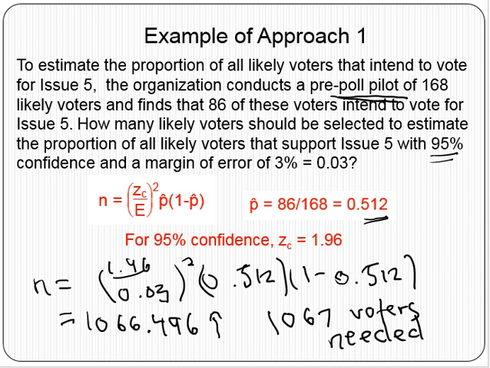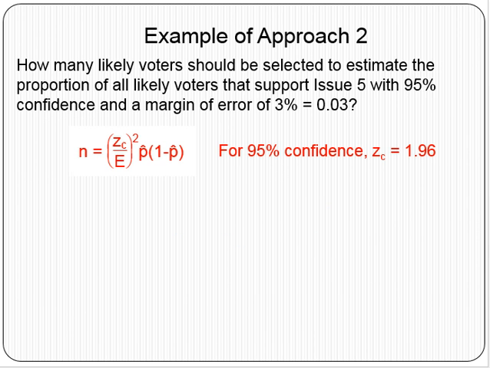Our second example is very similar. In this case, it's a different case. Assume we have no pre-pilot data. We just say, how many likely voters do we need to be selected to estimate the proportion of all likely voters that support this issue with 95% confidence, margin of error of 3%.